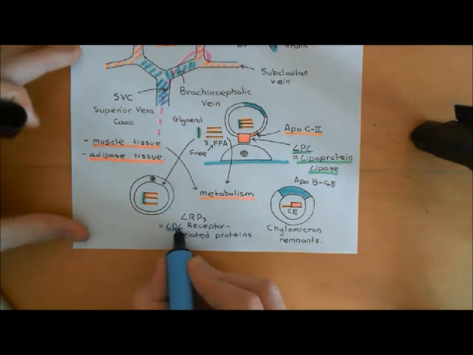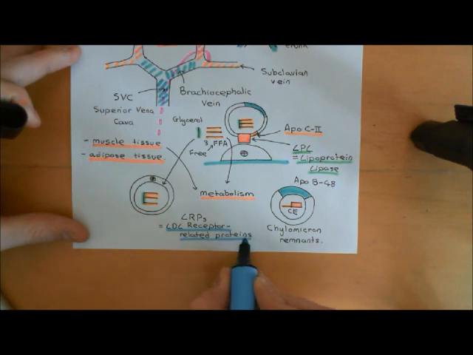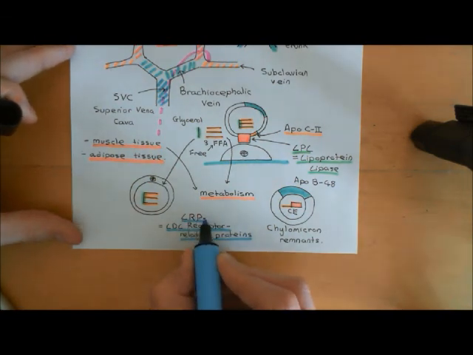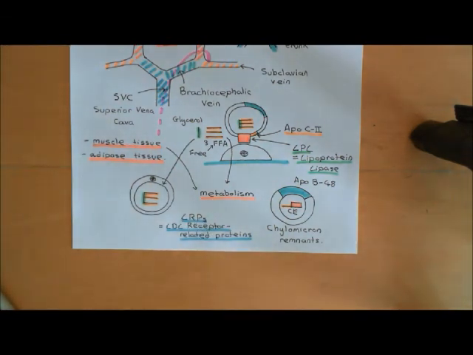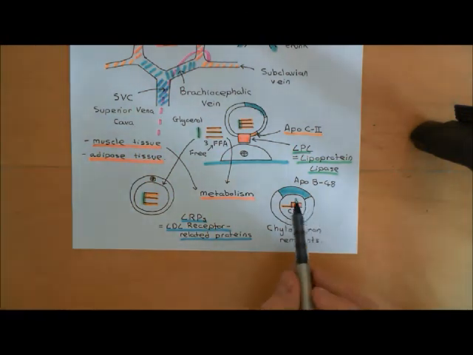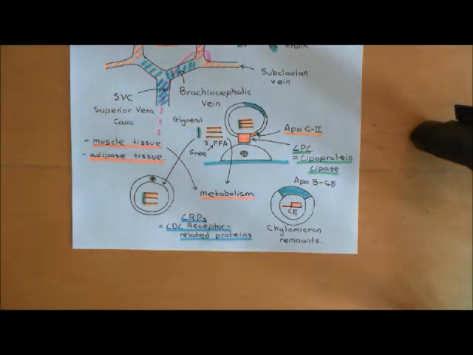These are surface receptors that the liver cells will have on their surface, which are very similar to LDL receptors and carry out very similar functions. They can bind to apolipoprotein B48 better than the LDL receptor can. Remember, the LDL receptor is principally good at binding to apolipoprotein B100 on the LDL particles.